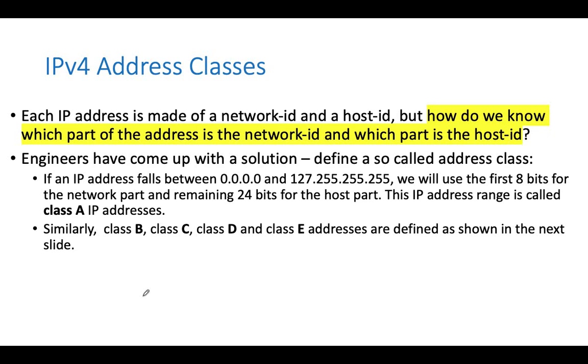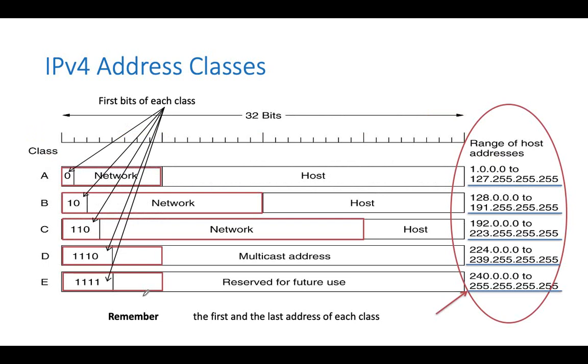So these are the IP version 4 address classes, and we covered that last week. However, we can cover it again. Class A, as you can see over here, is only 1 byte, 8 bits, for network, and 3 bytes for host.